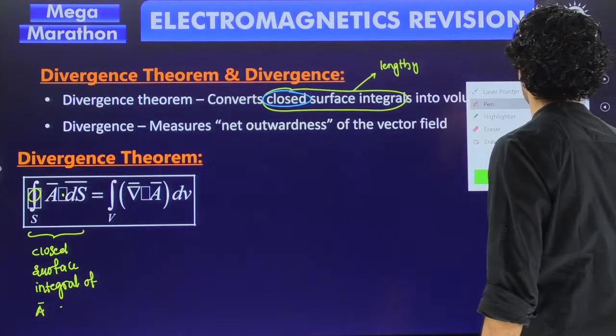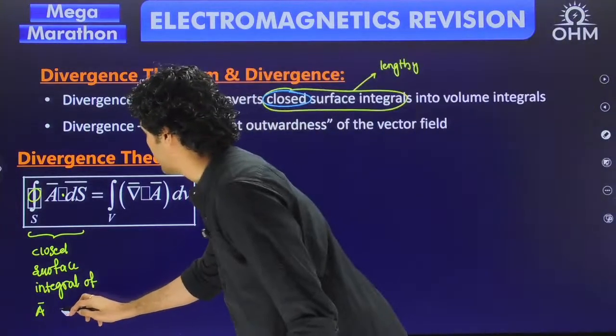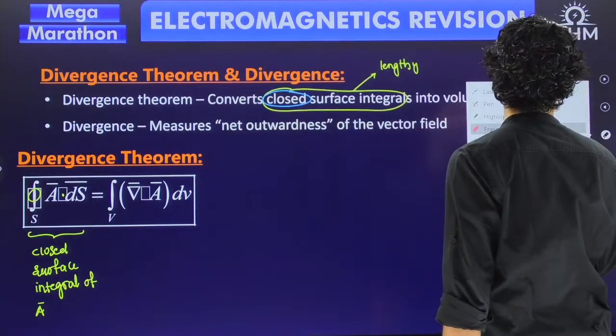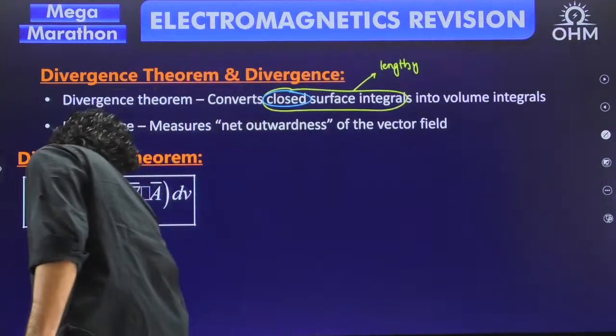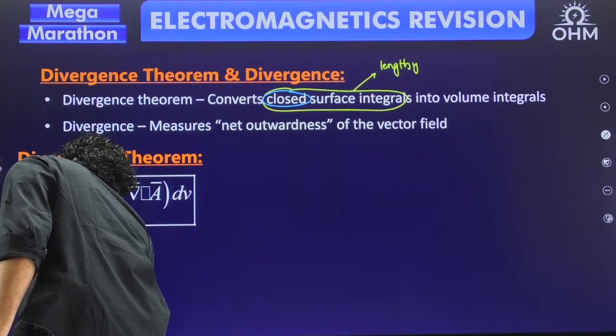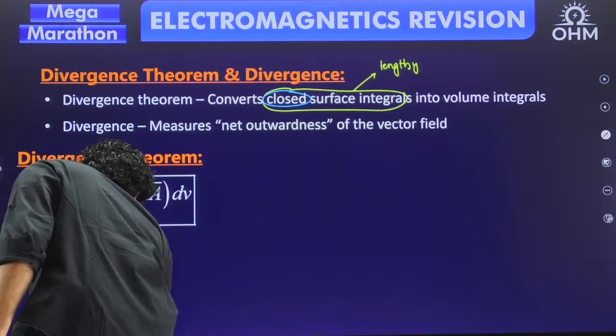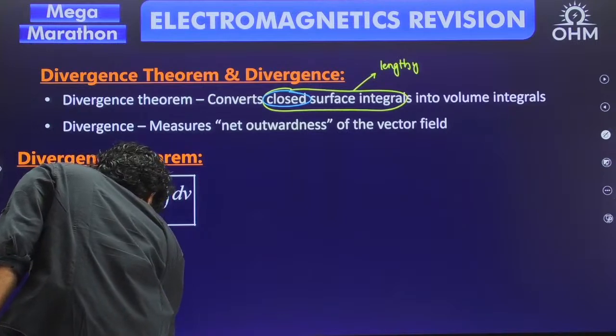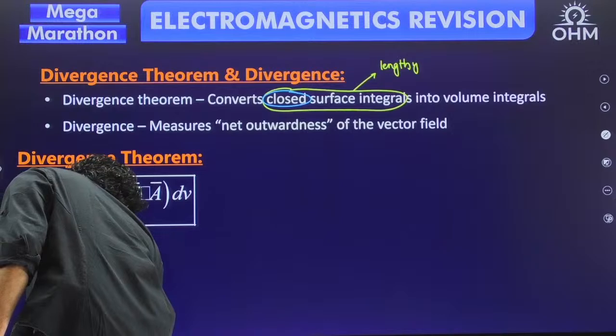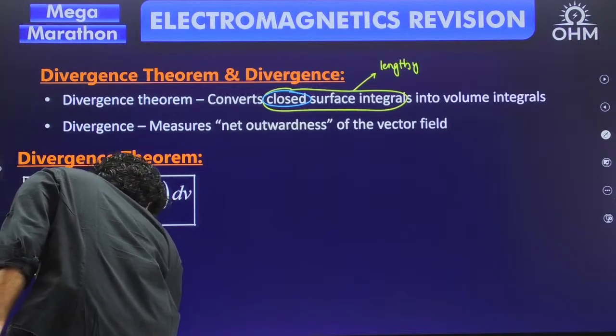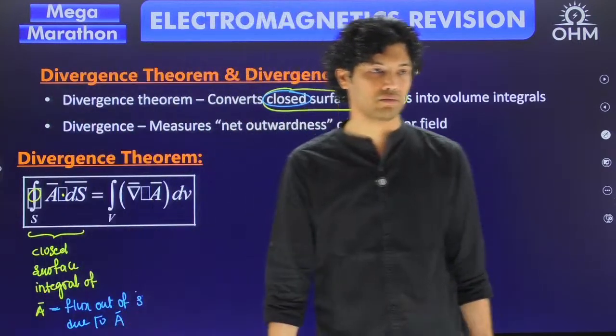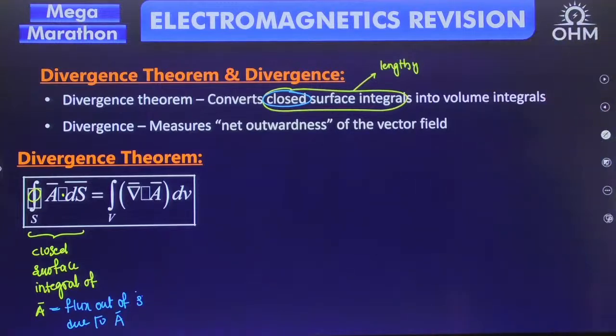Sometimes this is also given to you as nothing but flux coming out of S. So this is also equal to the flux out of the surface S due to the vector field which is nothing but A bar. Okay.